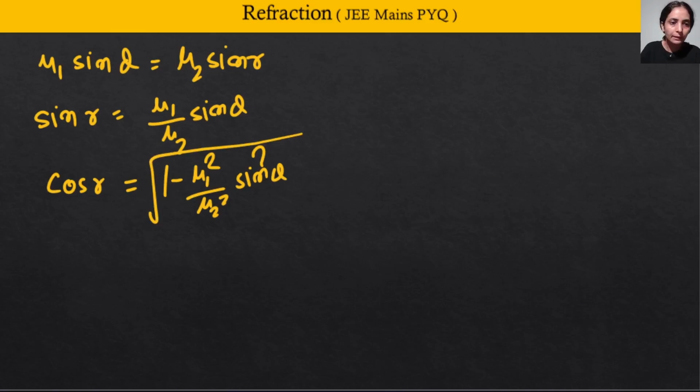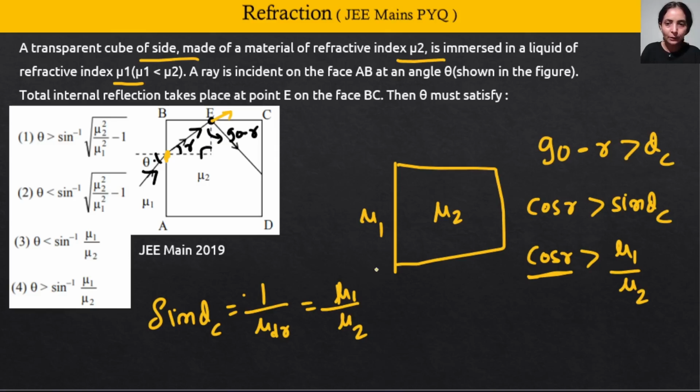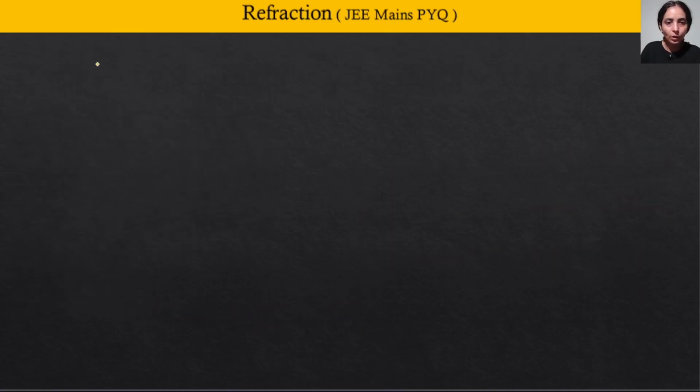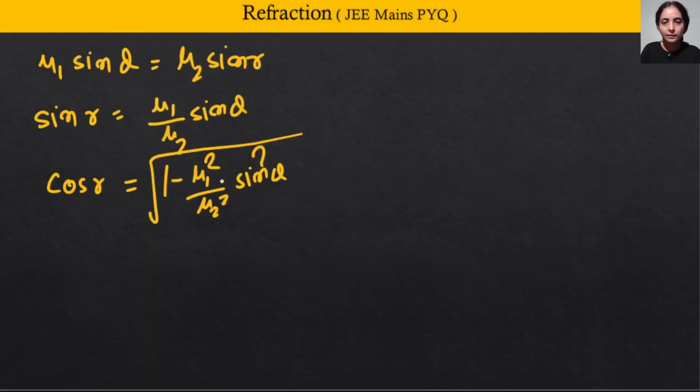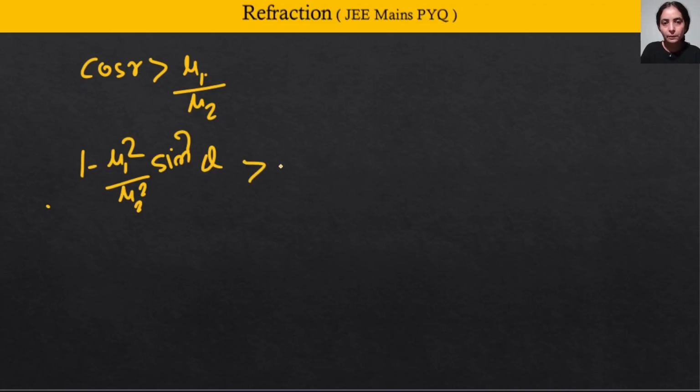And we found earlier that cos r is greater than mu1 by mu2. So calculate cos r, which is greater than mu1 by mu2. Cos r we calculated just now is root under 1 minus mu1 square by mu2 square sin square theta. Let us square it, so this will be greater than mu1 square by mu2 square.